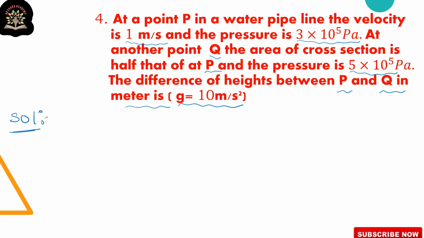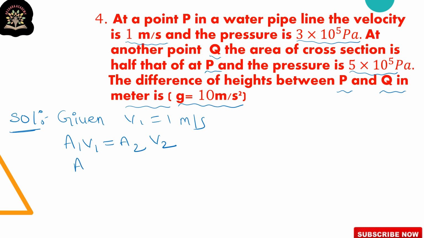Here given V1 is equal to 1 meter per second. According to the equation of continuity, A1 V1 is equal to A2 V2. From this we write the value of V2. So V1 is equal to 1.